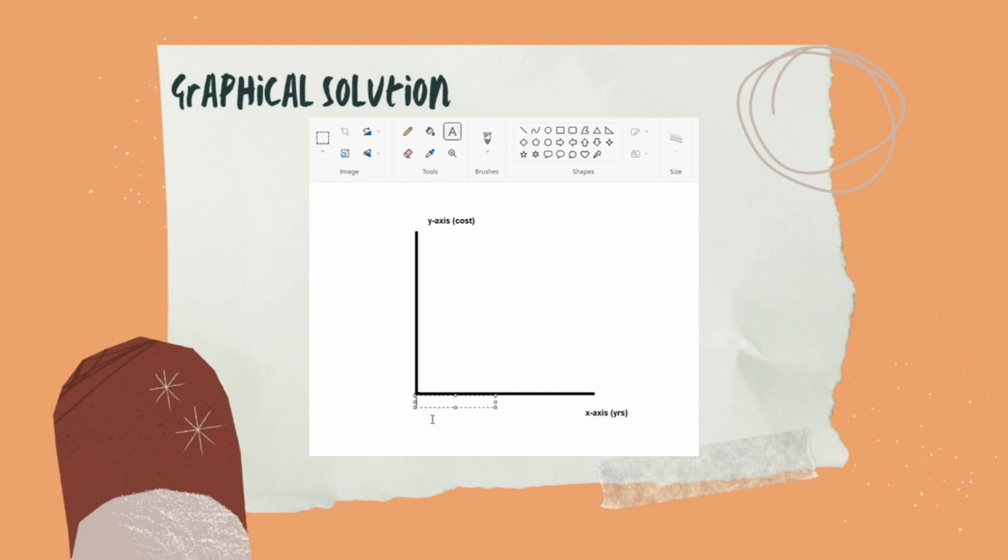In our x-axis, we have 0, R is equal to 6, and N is equal to 10.